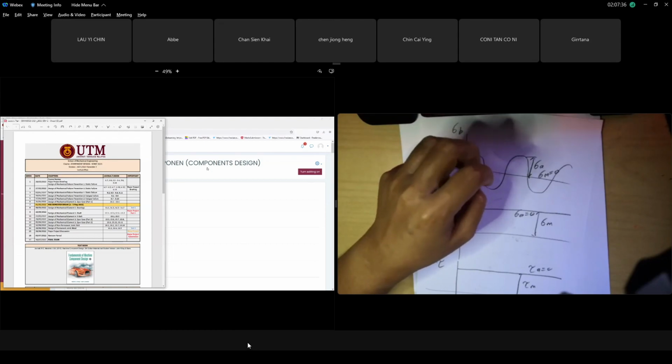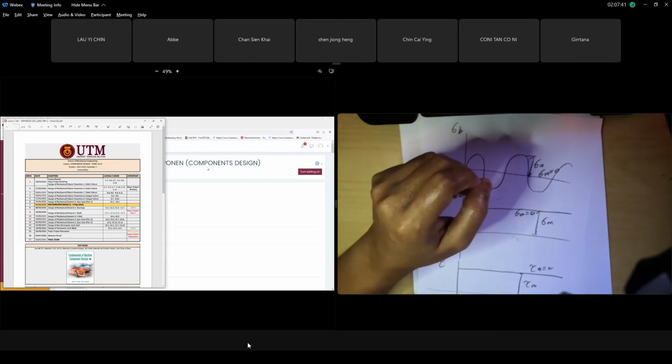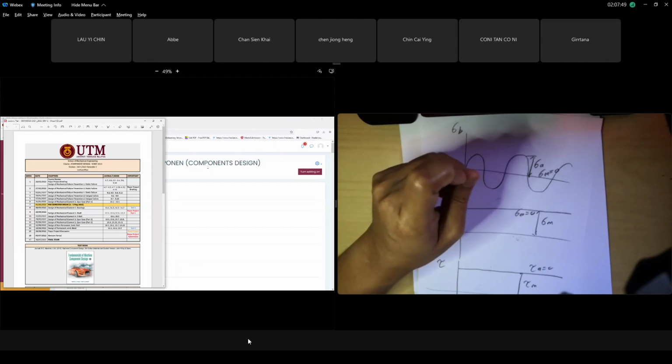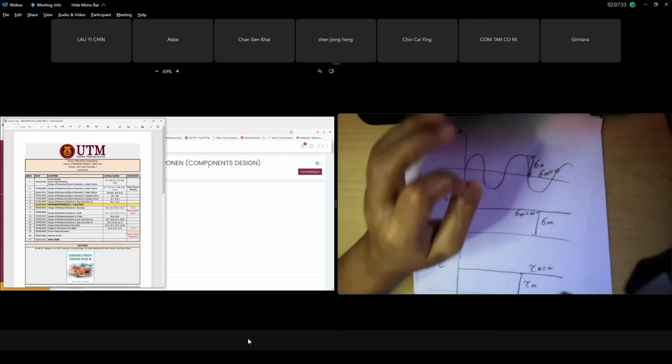That is the coordinator's doing. I also heard through the lecturers' WhatsApp group that they want to change it to after raya. Do not worry, not before raya, after raya. But soon after raya.